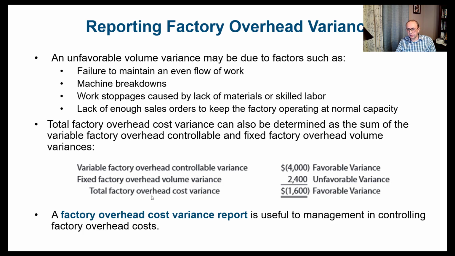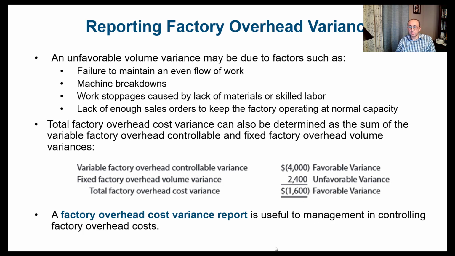Yet the total factory overhead cost variance was favorable because the variable factory overhead controllable variance was much larger than the fixed factory overhead volume variance, which is unfavorable here. So the bottom line here is $1,600 favorable variance.